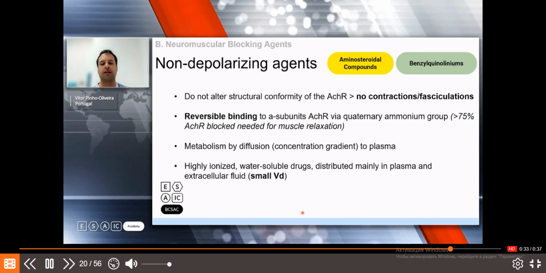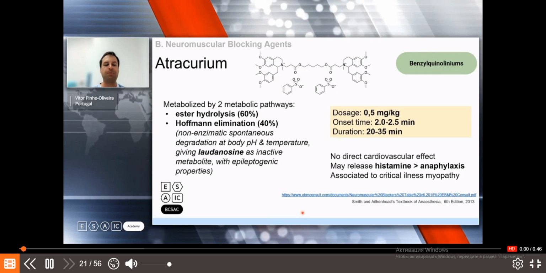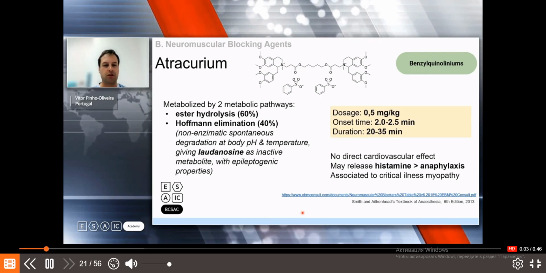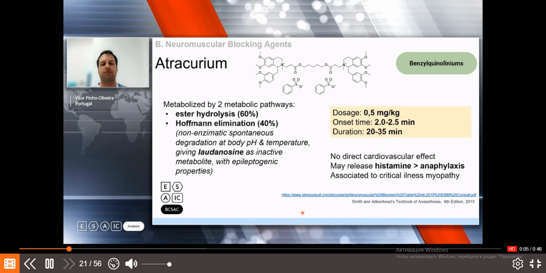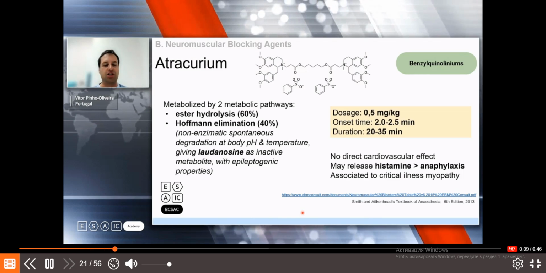They are mainly confined to the plasma and the extracellular fluid. So atracurium, a benzylisoquinoline, is metabolized by two main metabolic pathways, ester hydrolysis and Hofmann elimination.